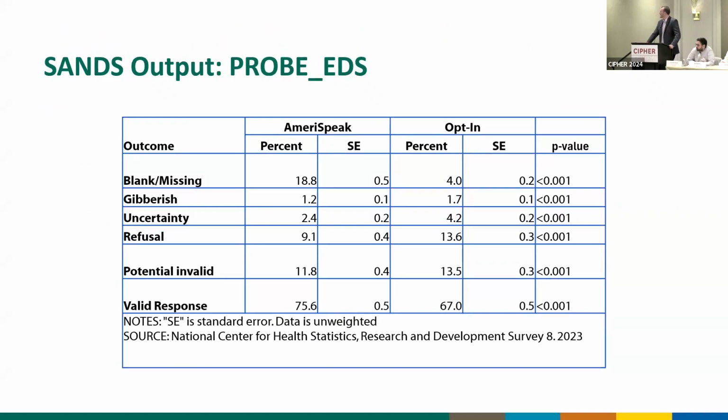And what we find is that the opt-in data, with the exception of the blank and missing, tends to have more bad quality data than the AmeriSpeak. And we can actually go down to that final row there, the valid response. We see there are more valid responses on the AmeriSpeak than the opt-in. This is what we're expecting, but it's nice to start being able to quantify this.